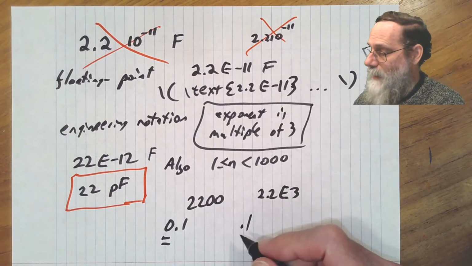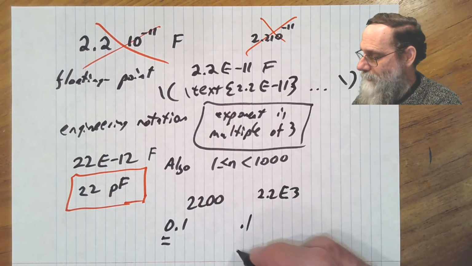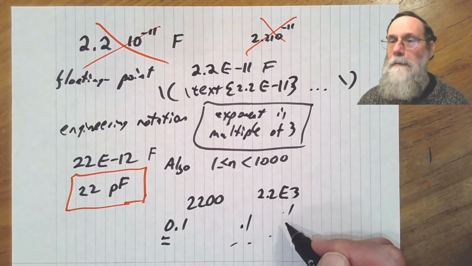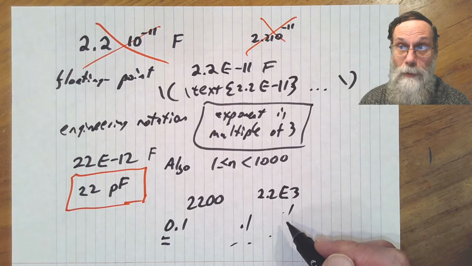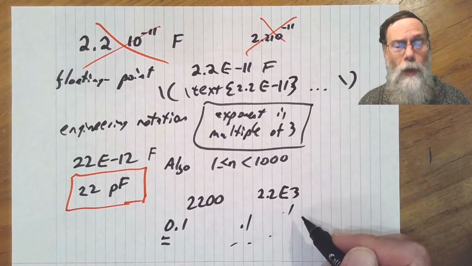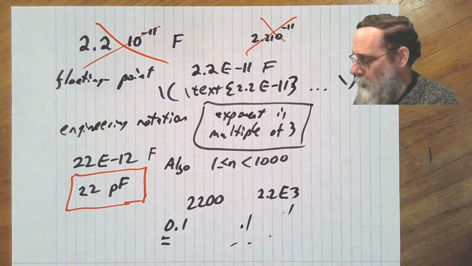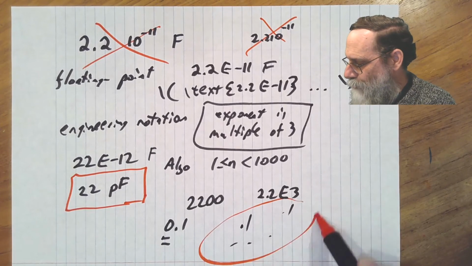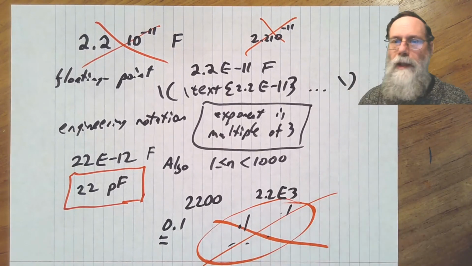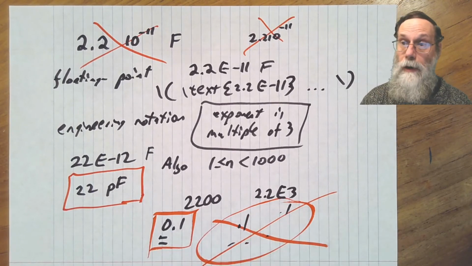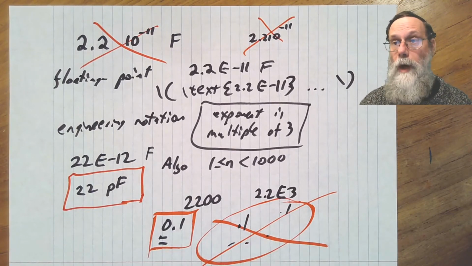It's very easy for that decimal point to appear, or for you to be writing something and put the 1 there, and there was a little mark on the page that looks like a decimal point. Is that a 0.1 or is it a 1? It's hard to tell. And so we're going to just simply prohibit any of this. You must always have that leading 0 if you've got a number that's between 0 and 1.